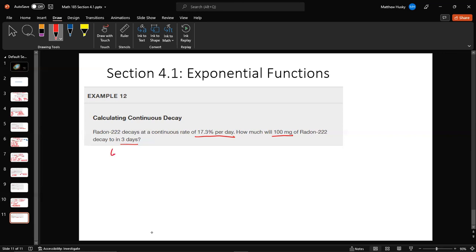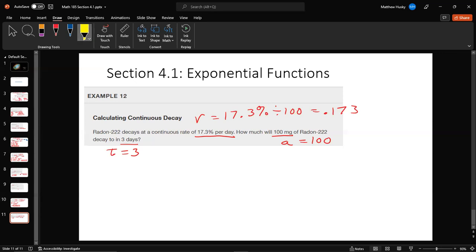So this is just telling us that T equals 3. The rate is going to be 17.3% divided by 100, which is going to be the number 0.173. And then the starting amount that we begin with is 100, because we have 100 milligrams.